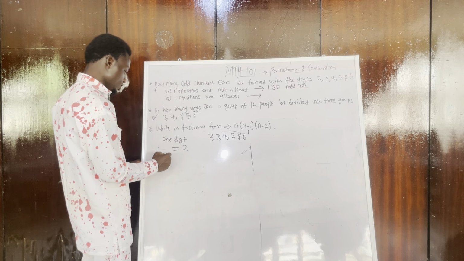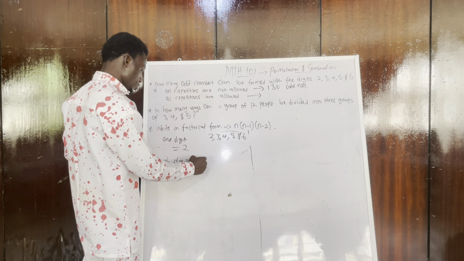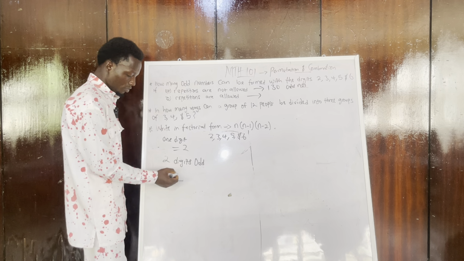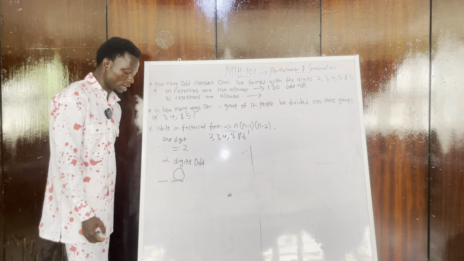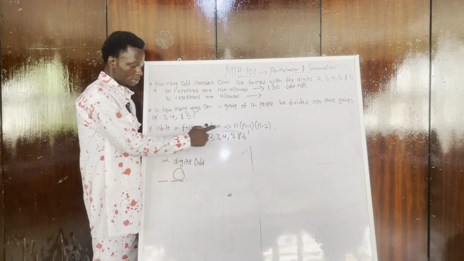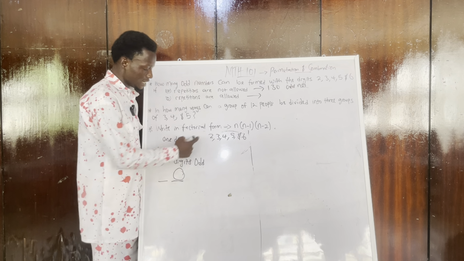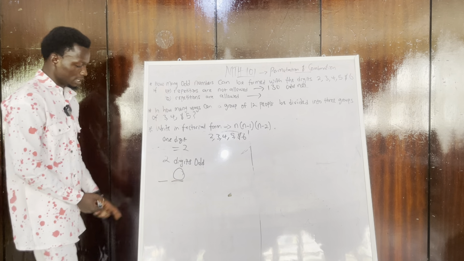Now for two-digit odd numbers, don't forget to fill the last digit. It can only be 3 or 5. You can't put 2, 4, or 6 there, because then it's no longer an odd number, it's an even number.